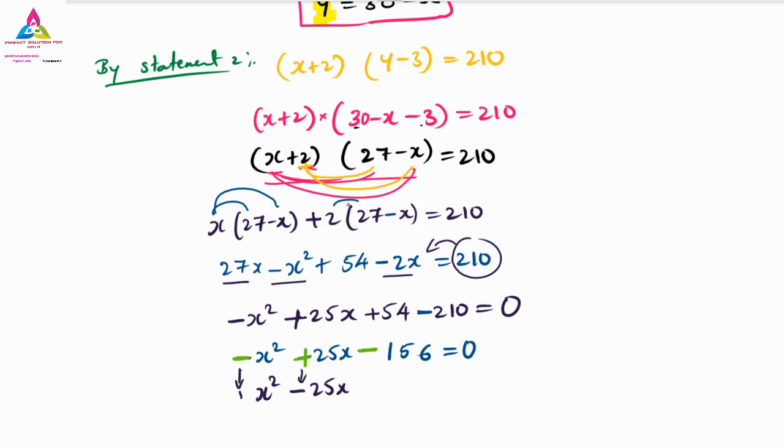And here the negative will turn to positive 156. When you are changing any one sign, you have to change it for all, not for only one. So you change that sign for each term. Negative will become positive, positive will become negative, negative will become positive. Understood? Any doubt?